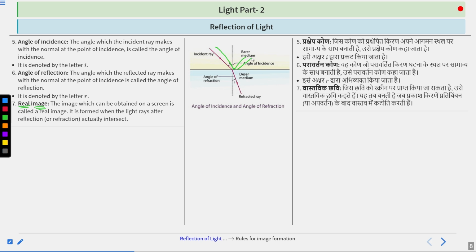But if after some time they intersect with each other, the image will be formed there, because it is formed when the light rays after being reflected or refracted intersect. So until the rays that got reflected or refracted intersect with each other, the real image could not be formed.